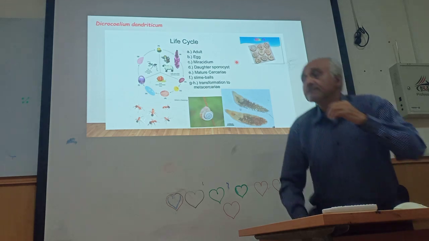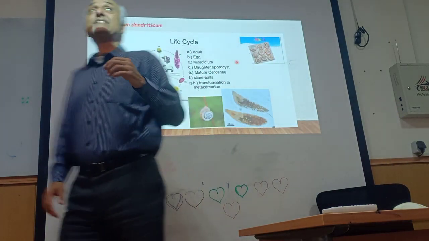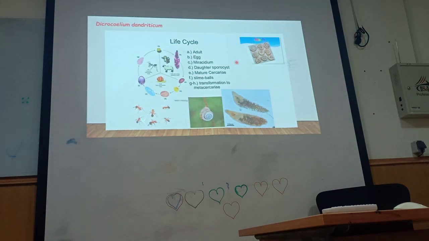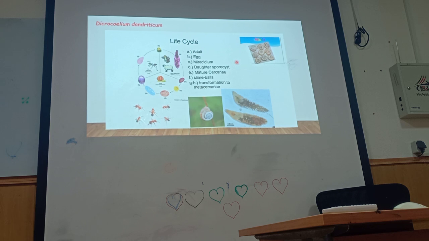The important point is that Dicrocoelium dendriticum again is a liver fluke. You can find it in the bile ducts, in the biliary ducts, in the parenchyma of the liver, and elsewhere. But the size of the parasite is much smaller than Fasciola.